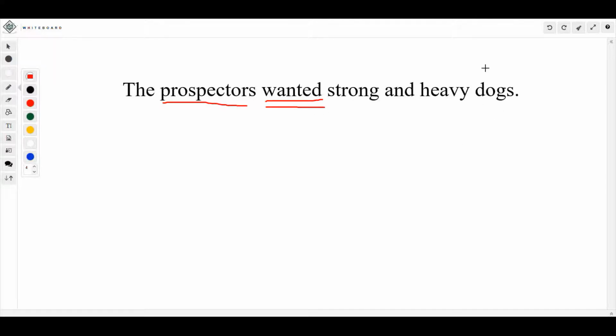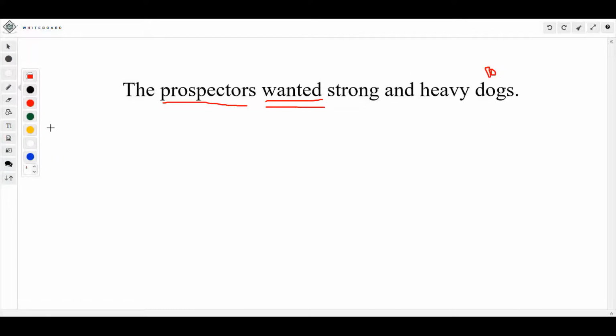They wanted dogs. So this is your direct object. These are adjectives that modify dogs. And that and is a hint that these two are compound, so you have compound adjectives.